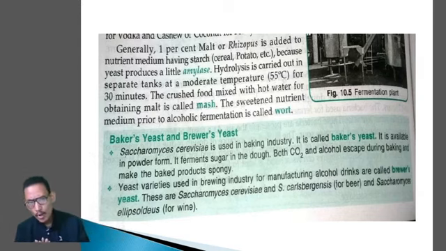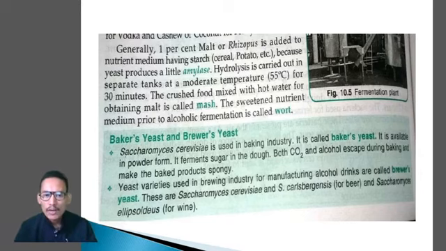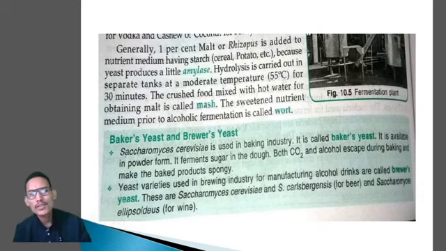Generally, 1% of malt or Rhizopus is added to the nutrient medium because yeast produces only a little amylase enzyme. Hydrolysis is carried out in a separate tank at a moderate temperature for 30 minutes. The crushed fruit mixed with hot water for obtaining malt is called mash.